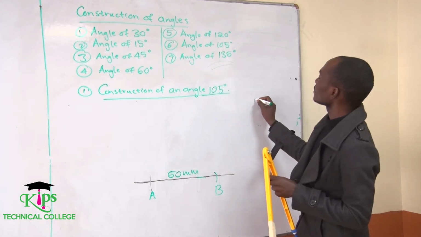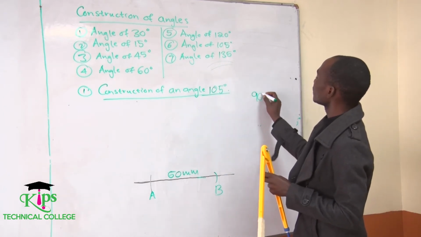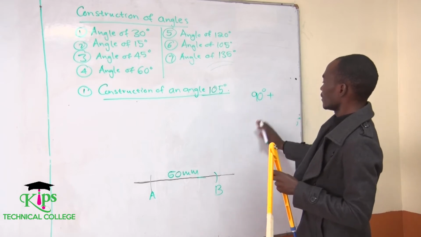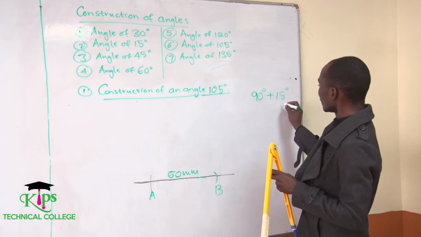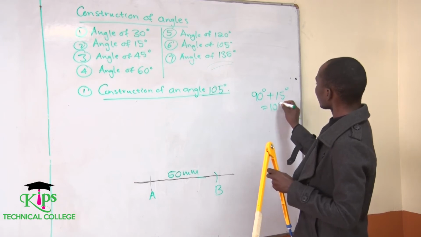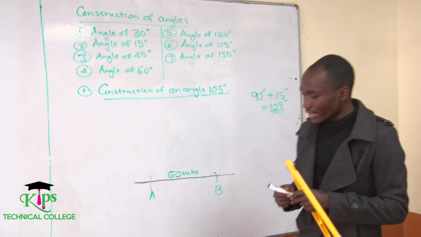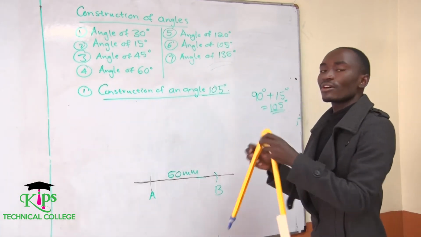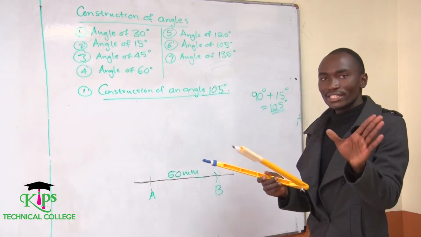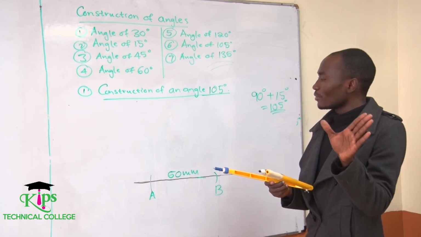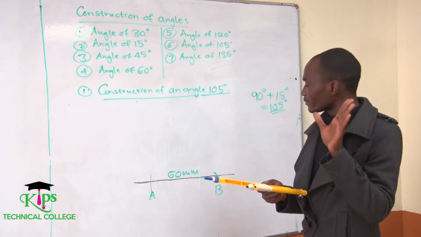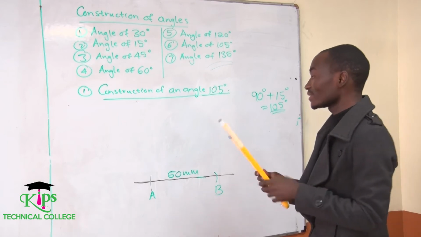So how do I get to construct an angle of 105? Initially I said it is a combination of 90 degrees plus 15 degrees for you to get 105 degrees. So let's construct the 90 degrees. First of all, let's use the same procedure we used to construct an angle of 60. It is the best.